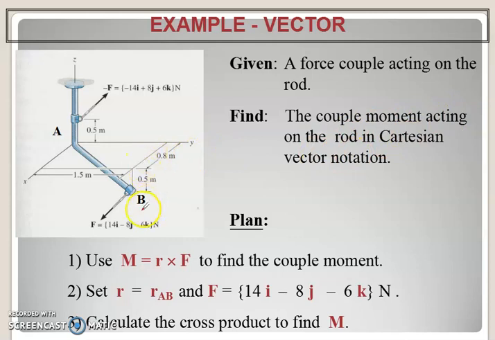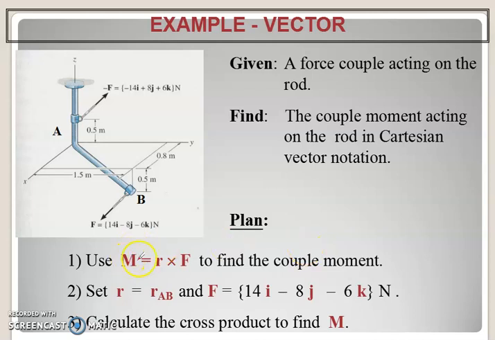So you want to find the moment of this couple force system. Because this is a three-dimensional case, and the question asks you to find the moment in Cartesian vector notation, you must use the operational cross product, because the cross product will produce the answer in a vector Cartesian form.